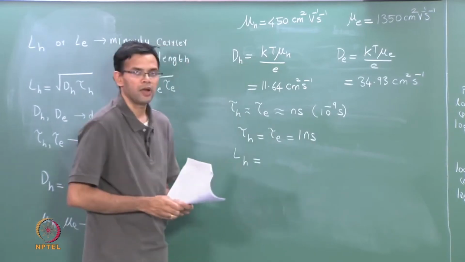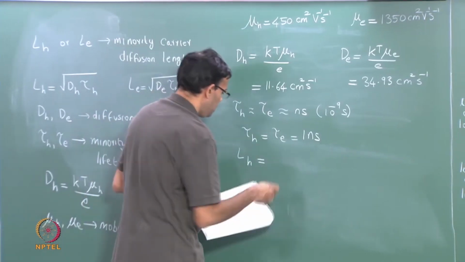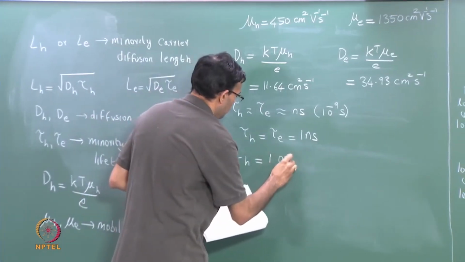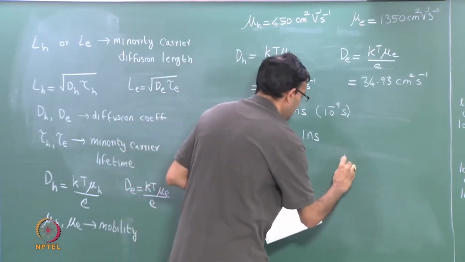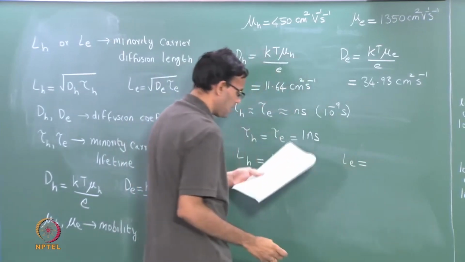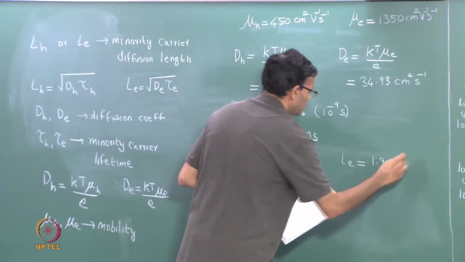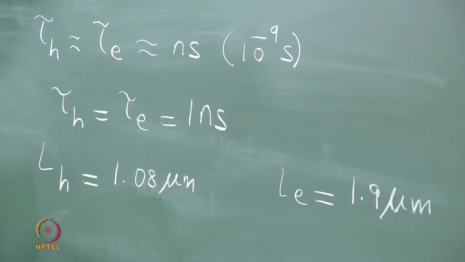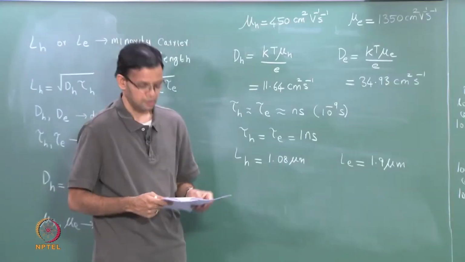L is nothing but the square root of D times t. So you get L_H to be around 1.08 micrometers, and L_E, with a similar calculation, to be around 1.9 micrometers. So L_H and L_E refer to the diffusion length of these extra electrons and holes before they ultimately recombine with the majority carriers and get eliminated.